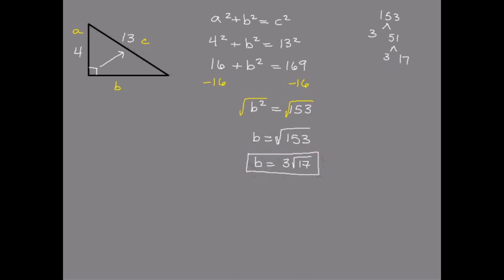So let's try another one. If I have a leg length of 27 and another leg length of, say, 10, and I'm missing this long side, that's C. So again, it doesn't matter which you assign A and B, but C has to always be the hypotenuse.